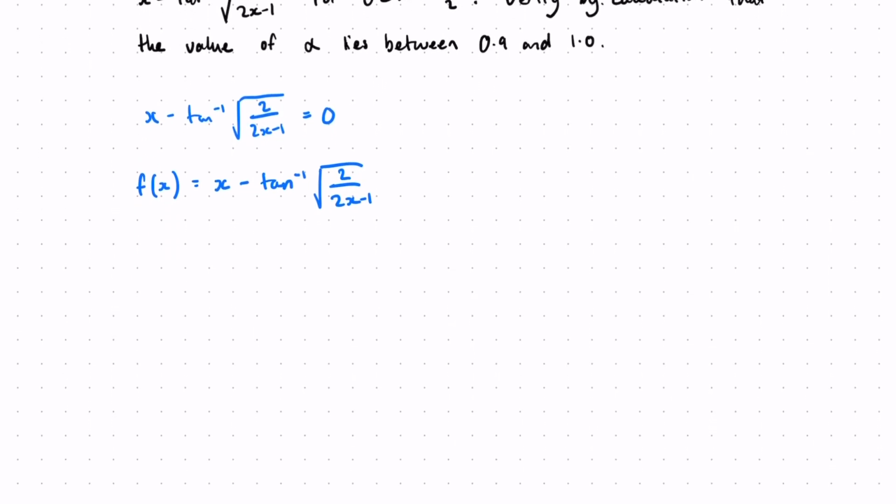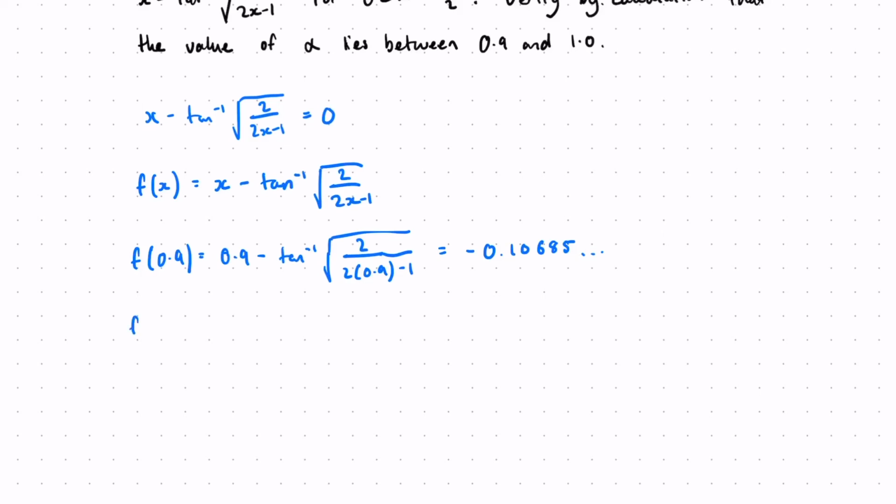So simple substitution question. f(0.9), therefore we've got 0.9 minus the inverse tan of root 2 over 2 lots of 0.9 minus 1, which gives you the value minus 0.10685.